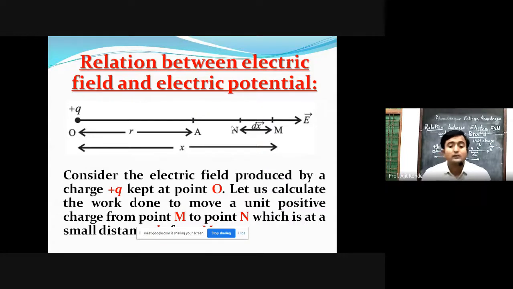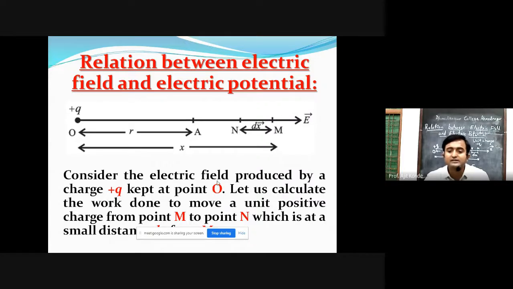Now, the proper explanation of this diagram will be, you can write this explanation in your own words also in examination. Consider the electric field produced by a charge plus Q kept at point O. Let us calculate the work done to move a unit positive charge from point M to point N, which is at a small distance, which is dx.